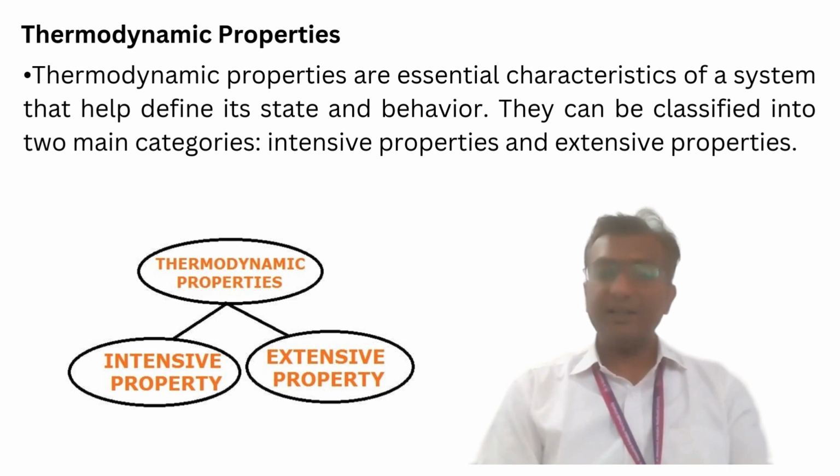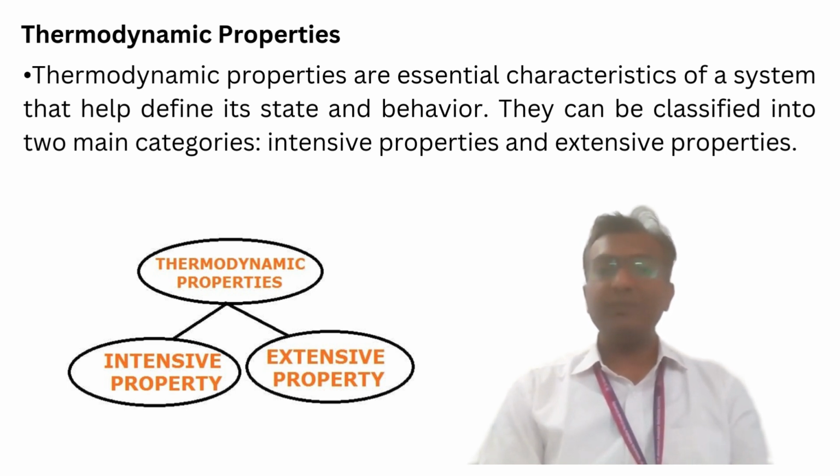They are intrinsic characteristics that don't change just because you have more or less material. On the other hand, extensive properties are those that are directly dependent on the amount of substance. If you double the amount of material, you generally double the value of any extensive property. Understanding the difference between these two categories is crucial for properly analyzing thermodynamic systems.